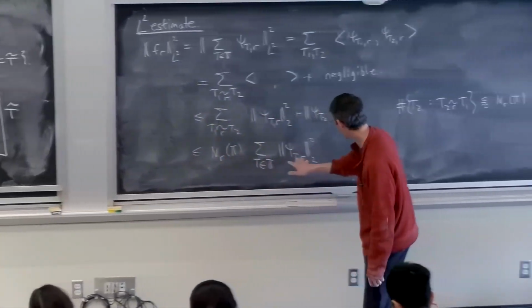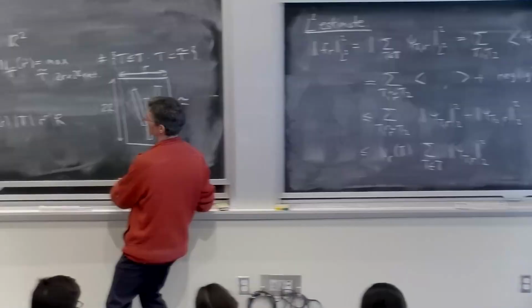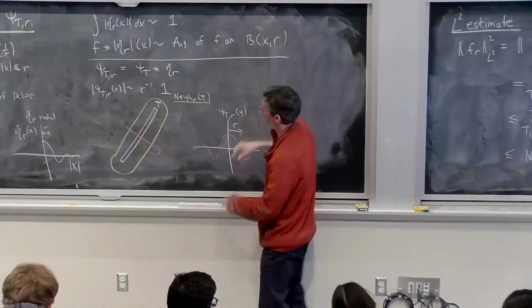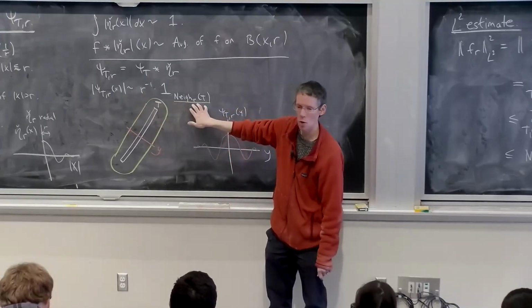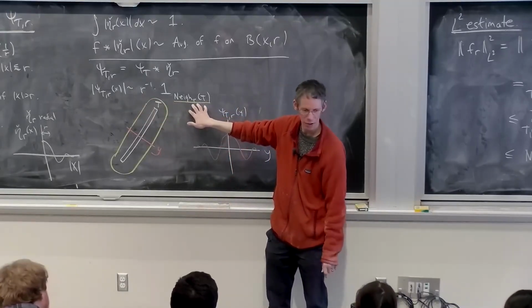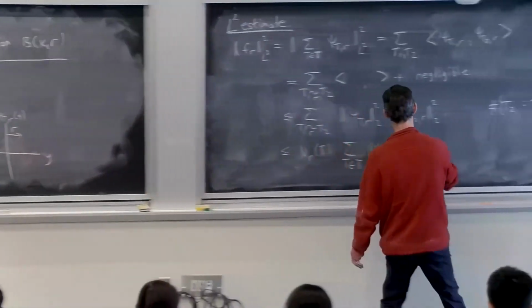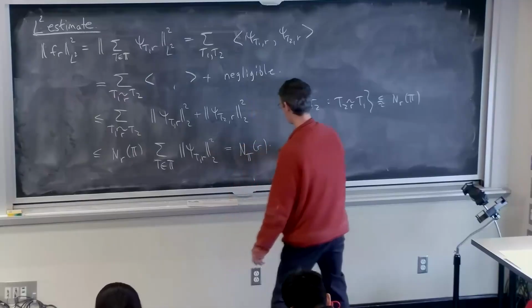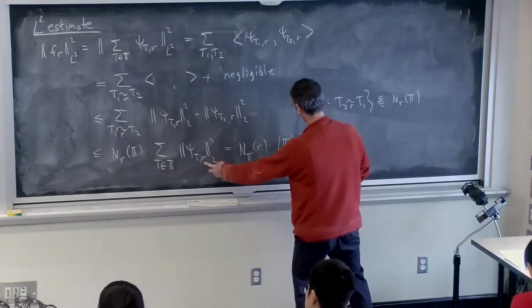Cool. And then finally, each of these functions we've already described. So hopefully I didn't erase it. Yeah. So we described it. It has height r inverse, and it's supported on a little r by big R rectangle. So we can compute its L2 norm. So this is n sub t of r times the number of tubes times the height r inverse.